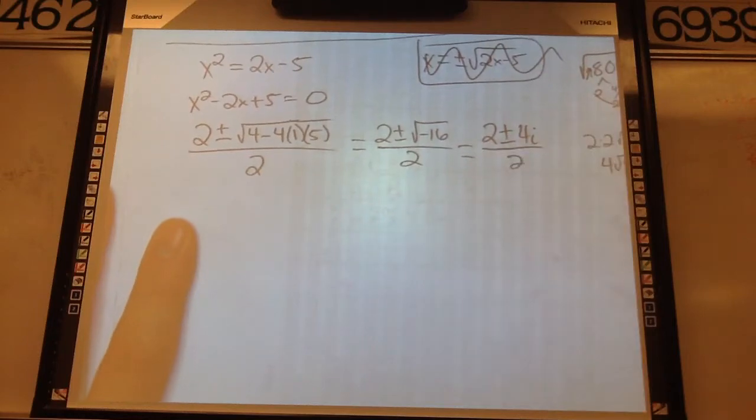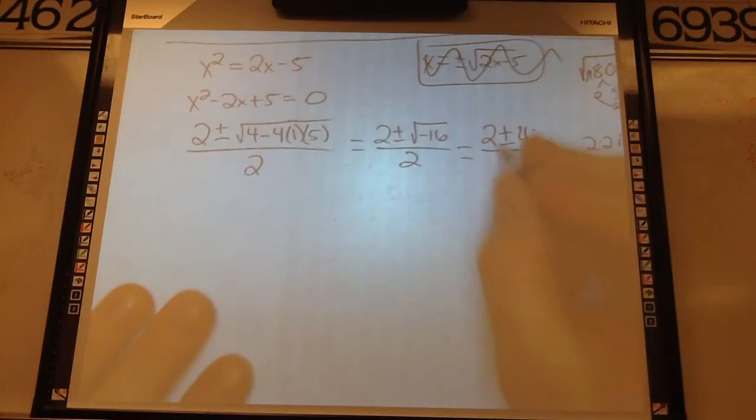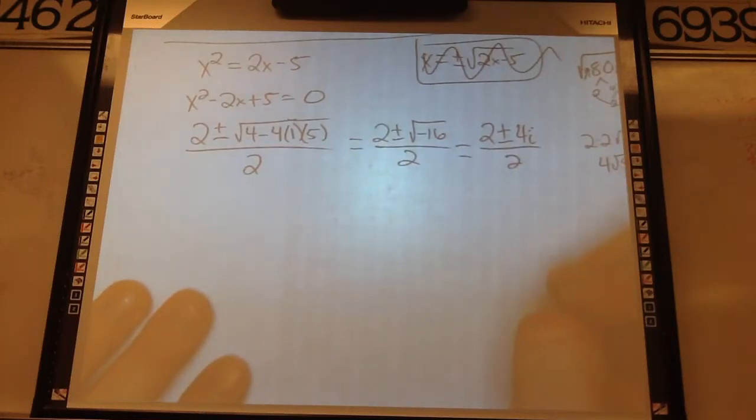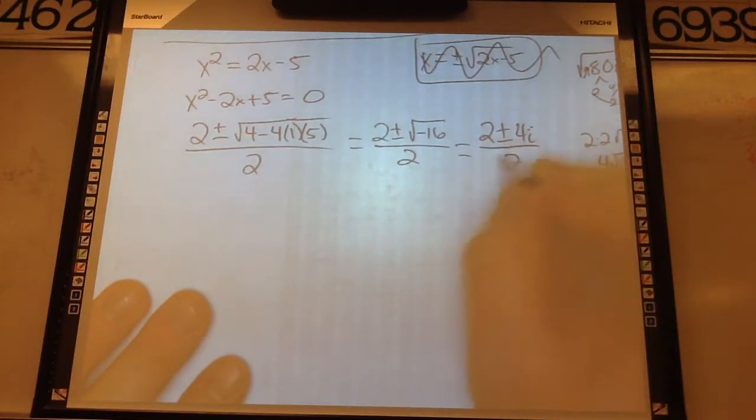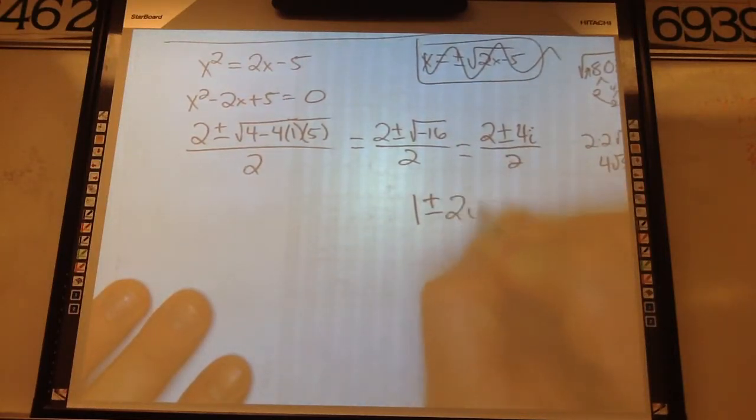And then the last thing, whenever you have imaginaries, to write a complex number, it's always a plus or minus bi. Remember that? There's always a real part and an imaginary part. So you want to divide them both by 2. Even if it doesn't work out nice, even if it's fractions, you still divide those both by 2. This one would be 2 divided by 2 is 1 plus or minus 2i.